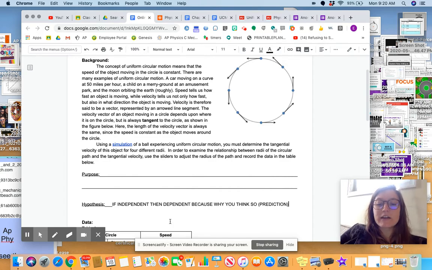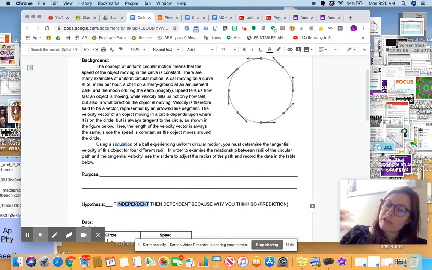An independent variable, we remember, is what? An independent variable is a variable that you change or is changed during the experiment. The variable that's changed: use the slider to adjust the radius of the path. We're doing that 4 times, so the independent variable is the radius.